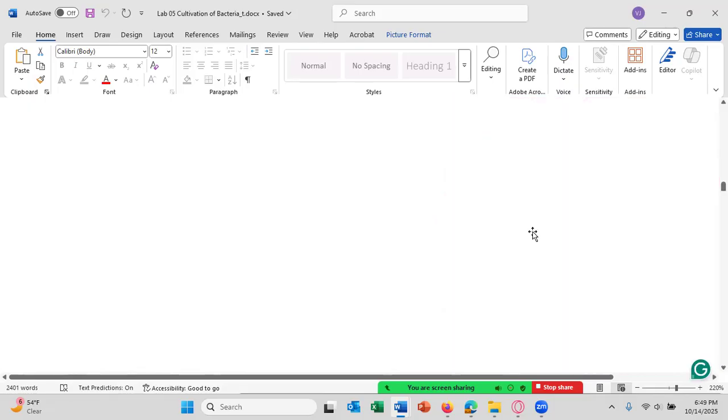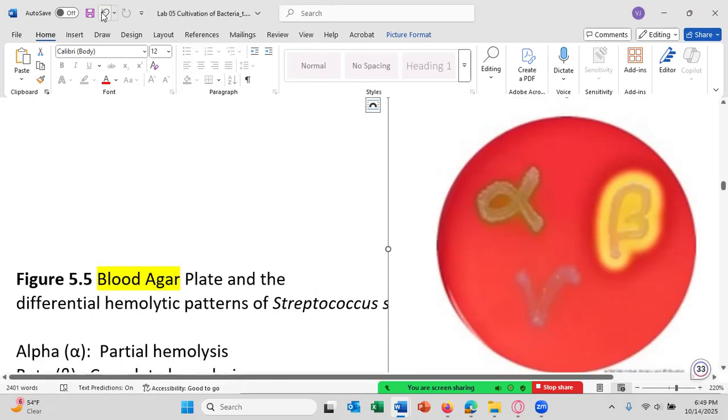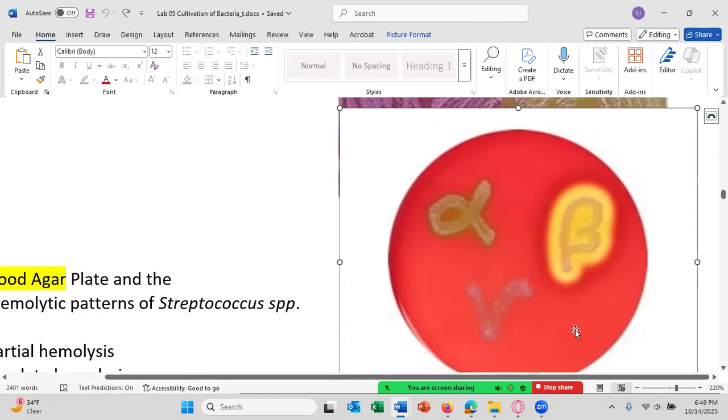And then we have, whoops, didn't mean to move that. Let's move that back. There we go. We also have beta hemolysis, that is complete hemolysis. So in the beta here, the Greek letter beta, the white color is the bacteria growing, and these bacteria have beta hemolysis or complete hemolysis, creating the clear zone around the bacteria and inside the bacteria.